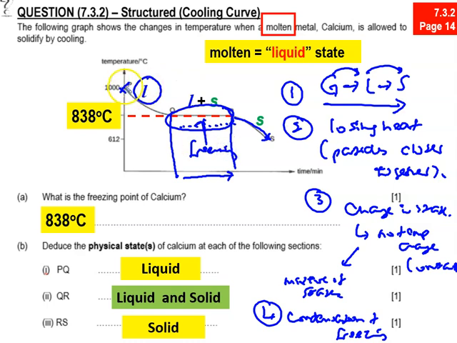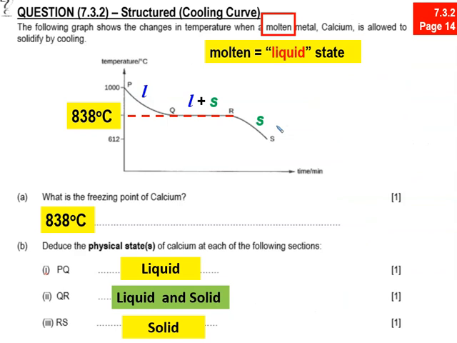If the starting part is gas, then you have to talk about condensation to become liquid, and then from liquid freeze to become solid. So you really need to study the question in order to identify correctly the two processes in a cooling curve.